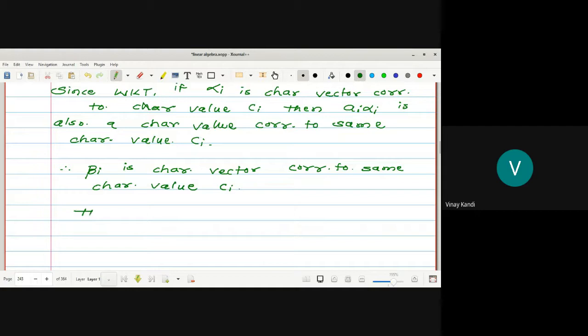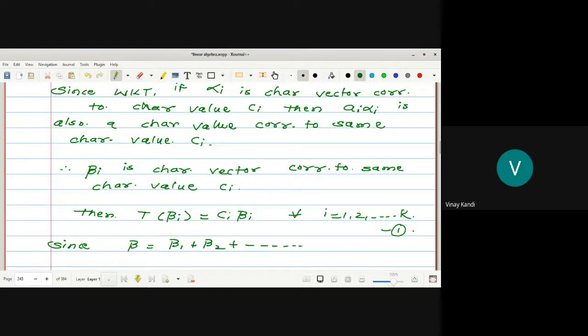Then T of bi is equal to ci into bi for all i running from 1, 2 up to k. Is it correct? This is equation number 1. Yes, sir. Okay. Now since beta is equal to b1 plus b2 plus up to bk.